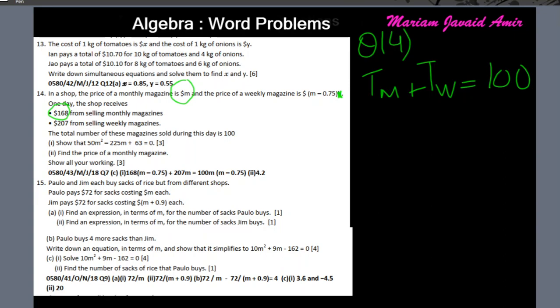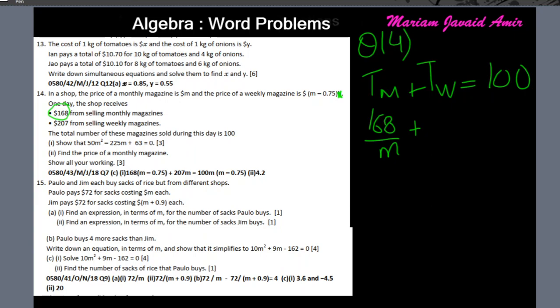How much total money? No, wait a second. Okay, so $168 from selling monthly magazines, and each magazine is for $M. So the total number of pieces sold will be 168 divided by M. These are the total number of monthly magazines sold.